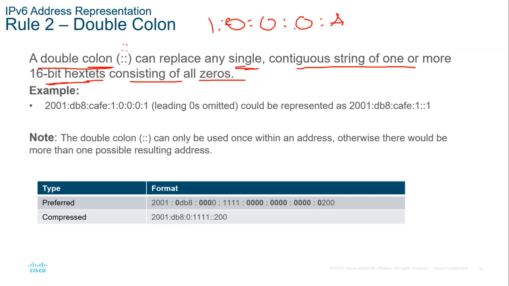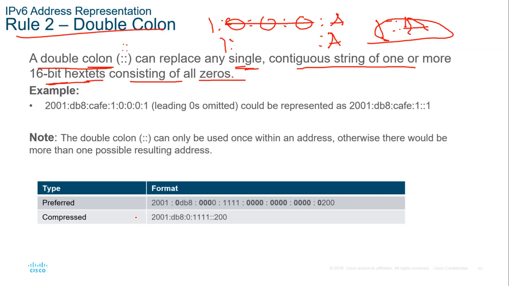So we are going to compress this by removing all of this, because now when we remove all this, what do we remain with? We have the 1 here, and then this here. Then at the end of the day, we have our 1 here, and then another here, and then A. So this is how we use the second rule.